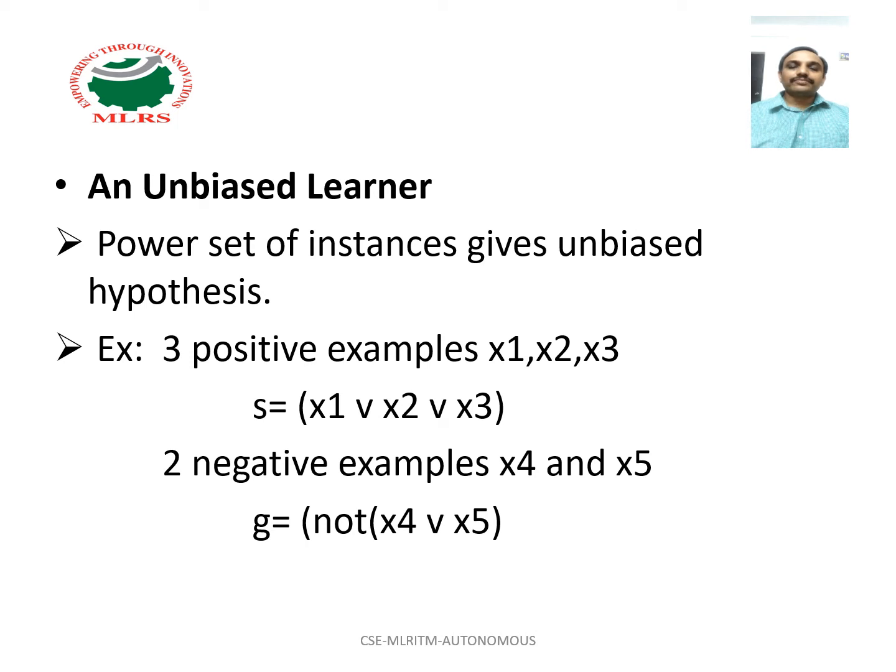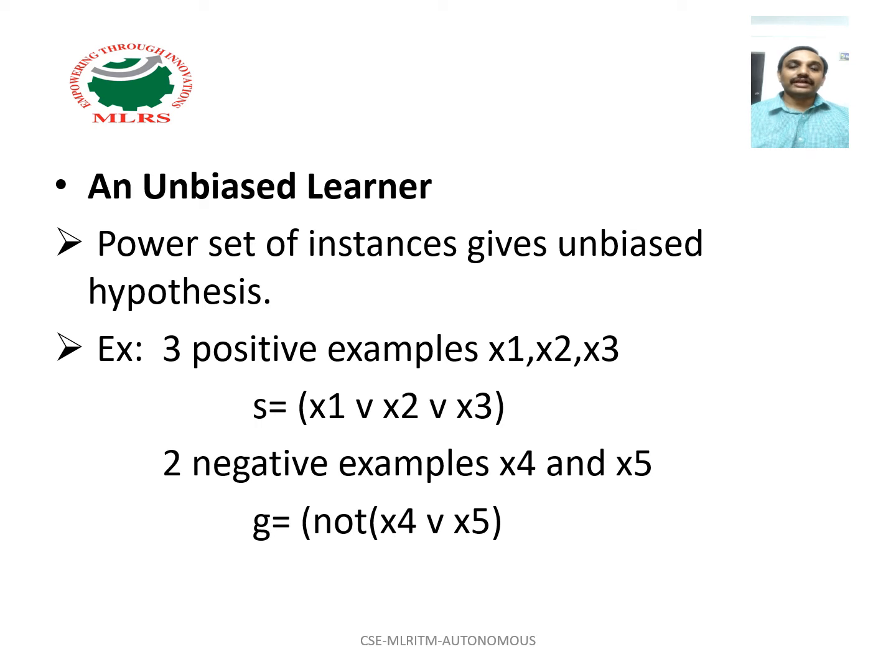Generally, we are not supposed to consider a biased hypothesis in the candidate elimination algorithm. To overcome that, we have to use an unbiased one. How do we get the unbiased hypothesis space? We have to take the power set of instances. How do we get this power set? The power set size is 2 to the power of the number of instances.